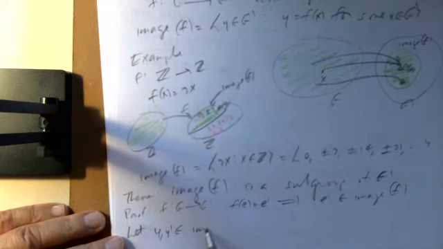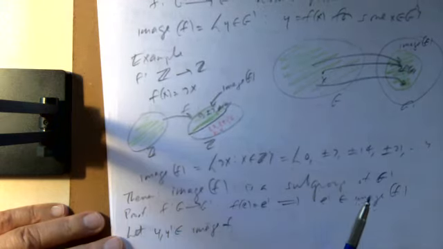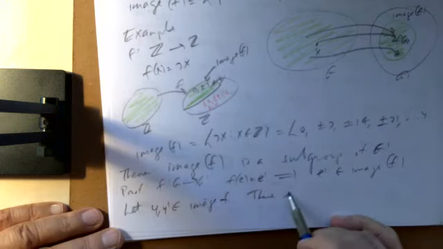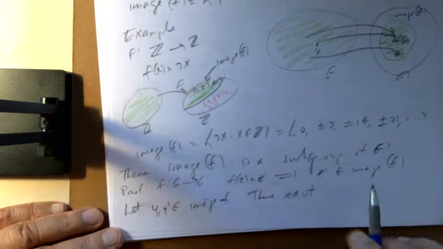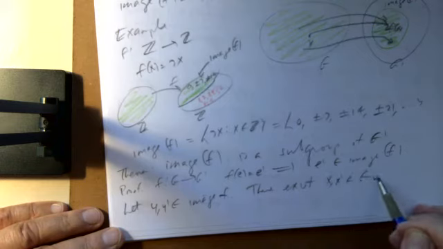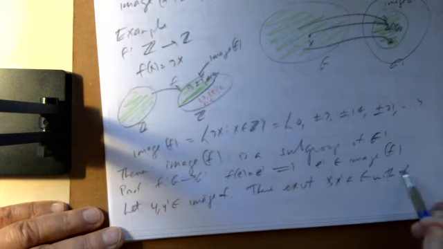And suppose y and y prime are in the image of f. Then there exist elements x and x prime in G with f of x equal to y, f of x prime equal to y prime.